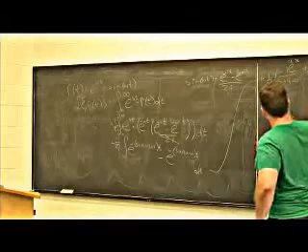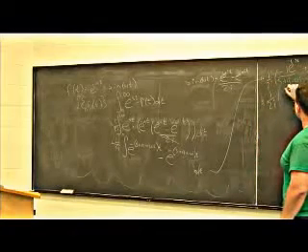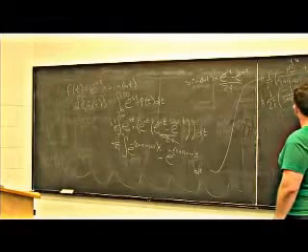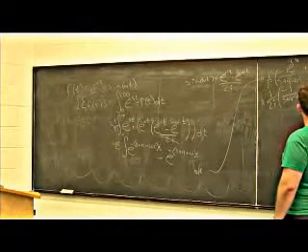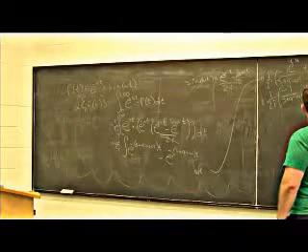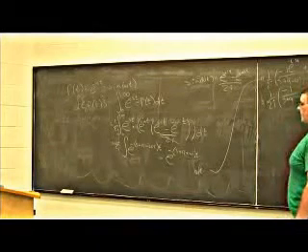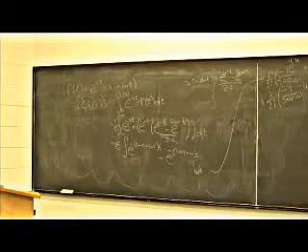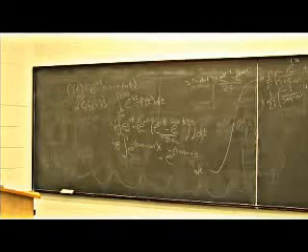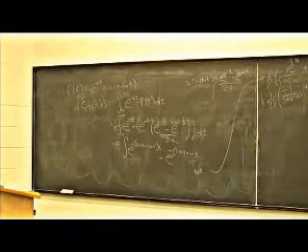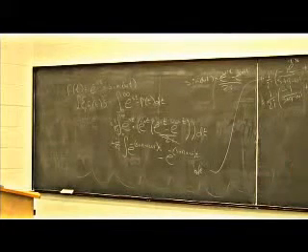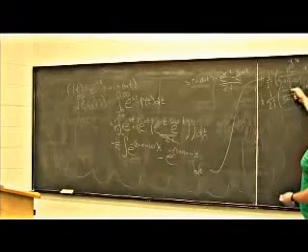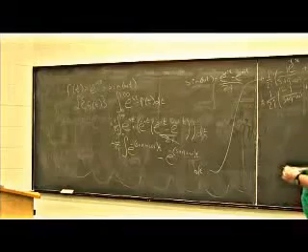So this leaves us with 1 over 2I times negative 1 over s plus a minus omega I plus 1 over s plus a plus omega I. And so now we are going to combine the fraction so that we can get a common denominator. The way that we do that is we multiply each one by the other fraction's denominator.